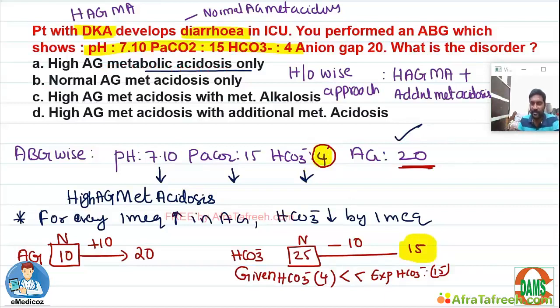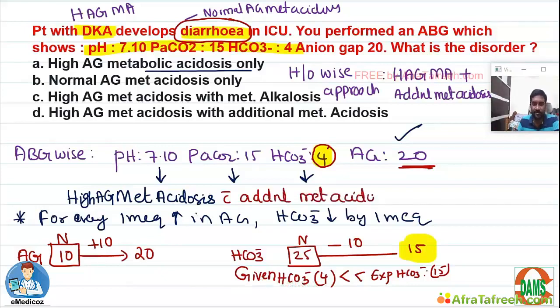So anything that decreases bicarbonate should be considered as additional metabolic acidosis. Is there any disorder in the clinical history capable of causing additional metabolic acidosis? Yes, diarrhea. So the answer is high anion gap metabolic acidosis with additional metabolic acidosis.